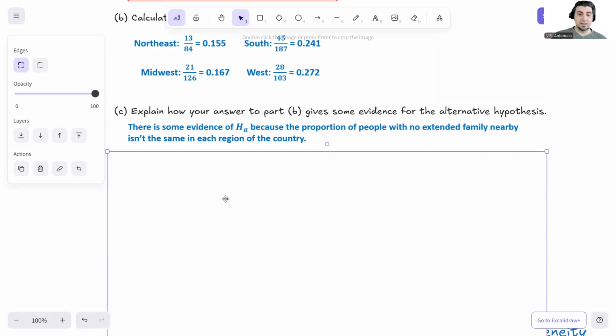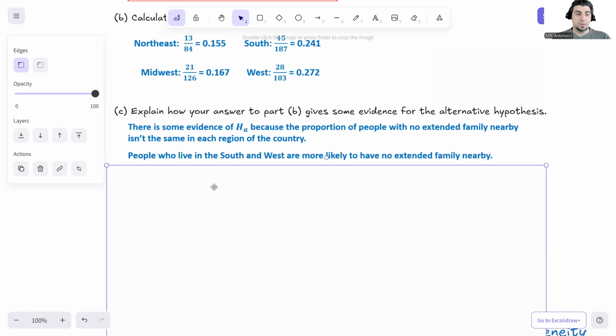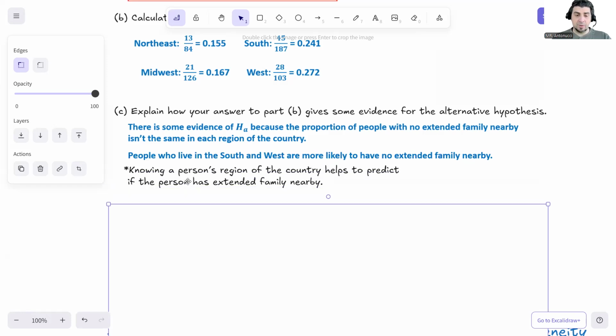So this is basically like saying knowing a person's region of the country helps predict if the person has extended family nearby. Now, people who live in the South and West are more likely to have no extended family nearby just because those proportions in our sample were higher.